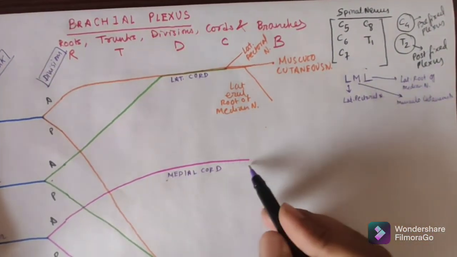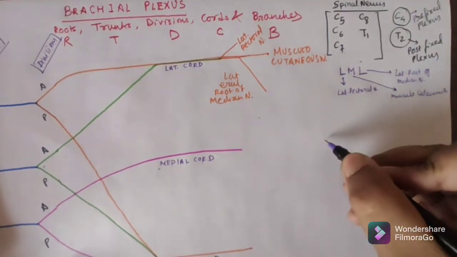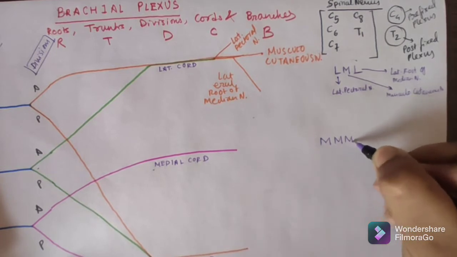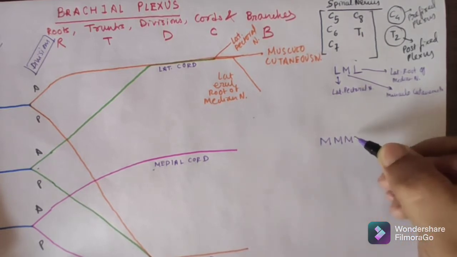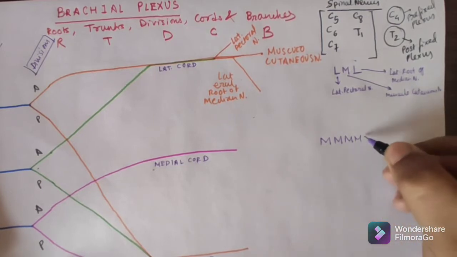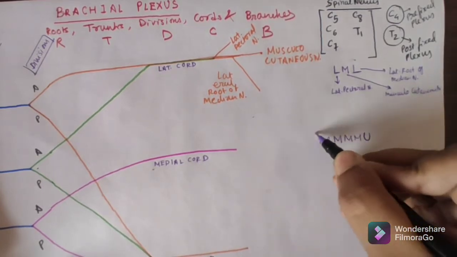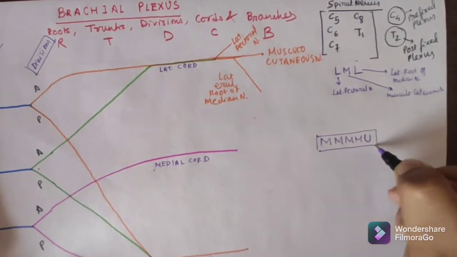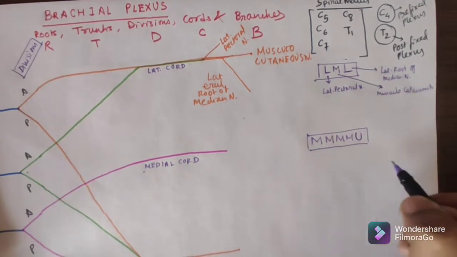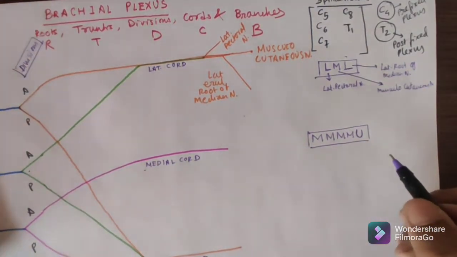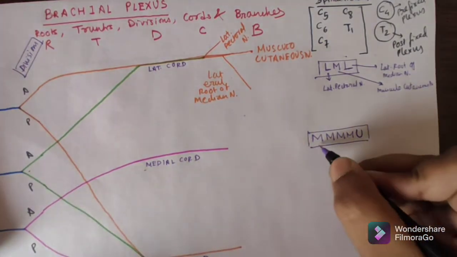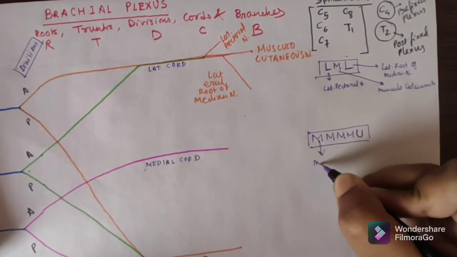See, to learn about the medial cord, you must remember this mnemonic, M for U. Okay, so there will be 4 M, 1 U. So this is the mnemonic for medial cord, and this was the mnemonic for the lateral cord. So M, U. Now what does this abbreviation actually stand for? Okay, see, M stands for the medial pectoral nerve.